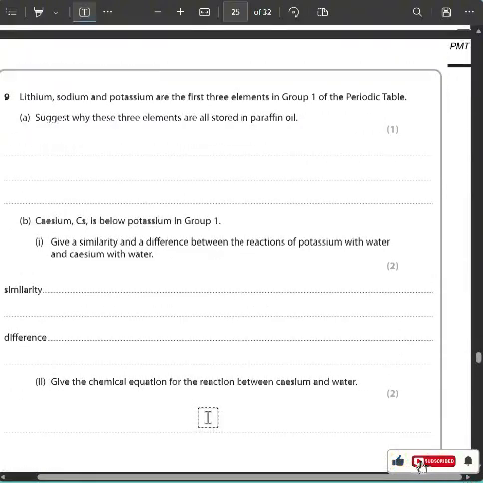Nice question. Lithium, sodium and potassium are the first three elements in group 1 of the periodic table. Suggest why these three elements are all stored in paraffin oil.